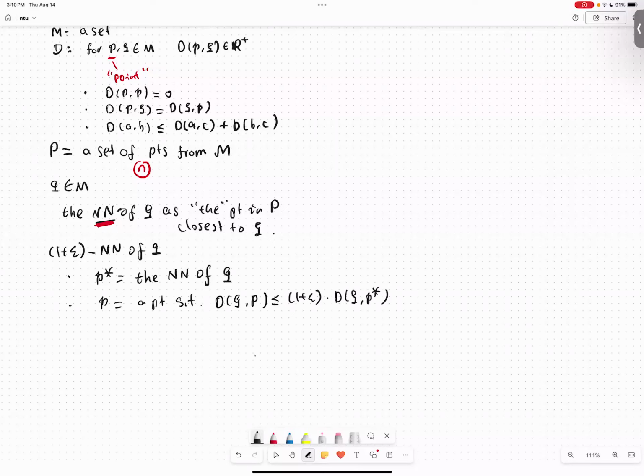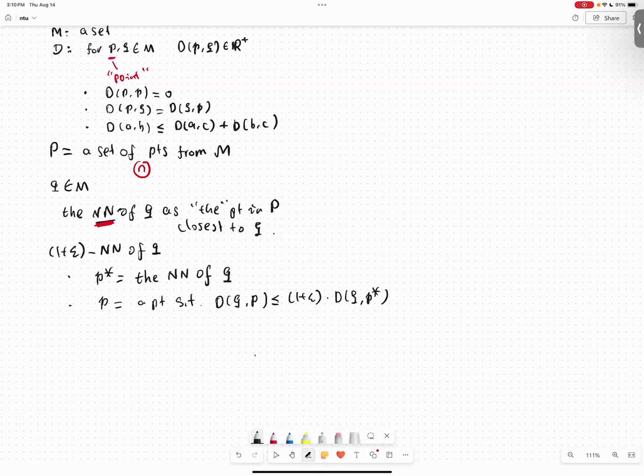Good. Now, what is the problem? The problem is a data structure problem. Here we would like to build a data structure on P. In database terminology, we would like to build an index on P. And when the index is ready, I say, hit me with whatever query point you want.